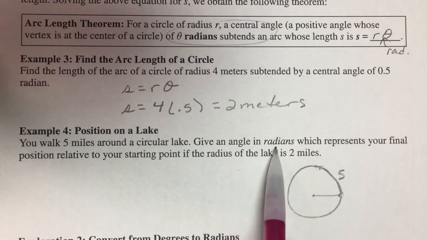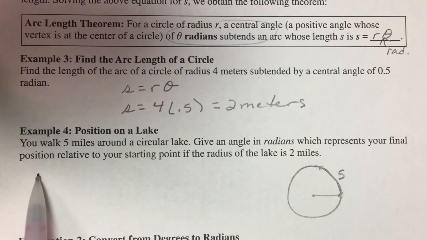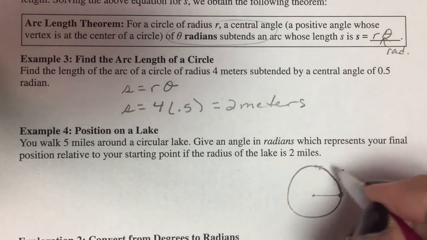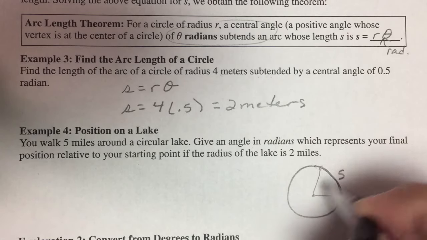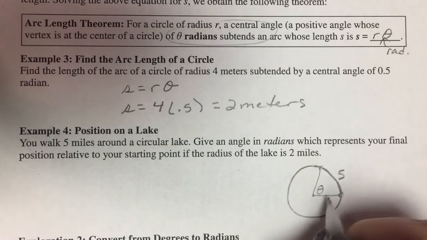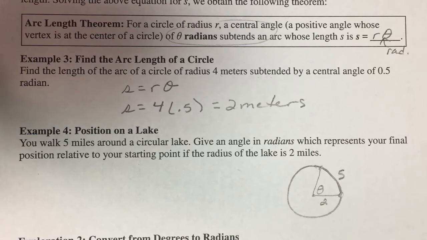Give an angle in radians which represents your final position relative to your starting point if the radius of the lake is 2 miles. So what they are looking for now is this theta.